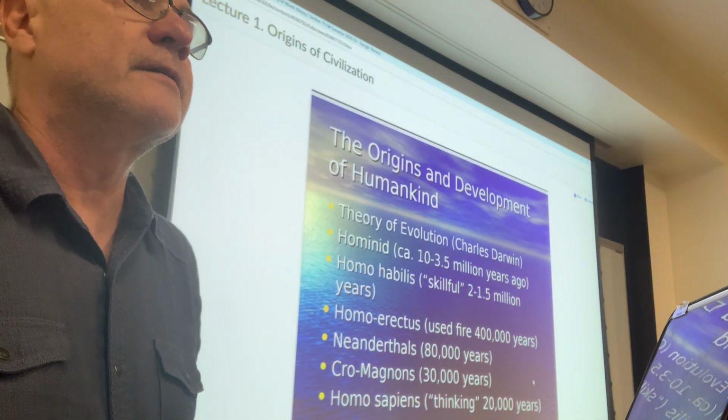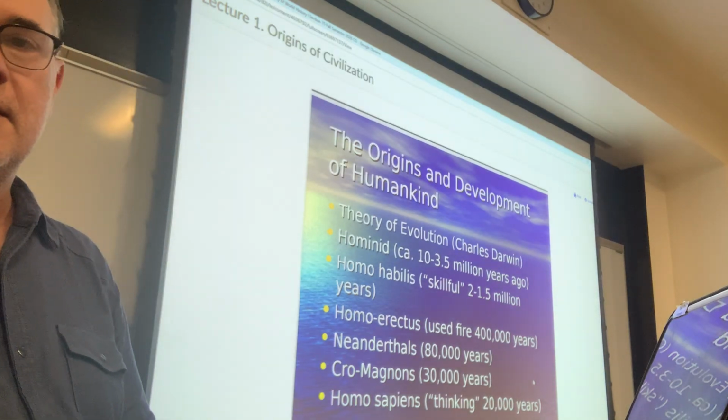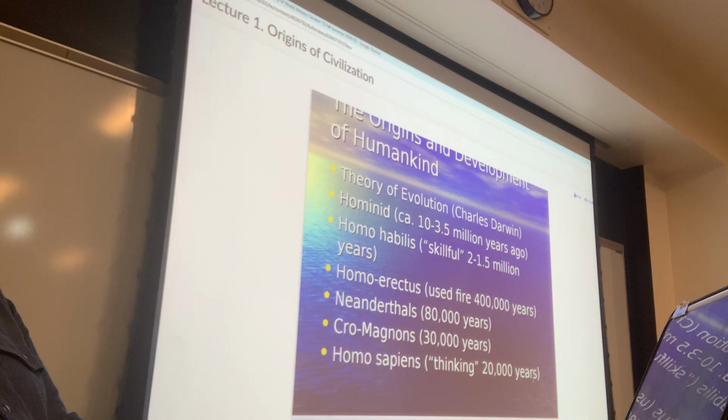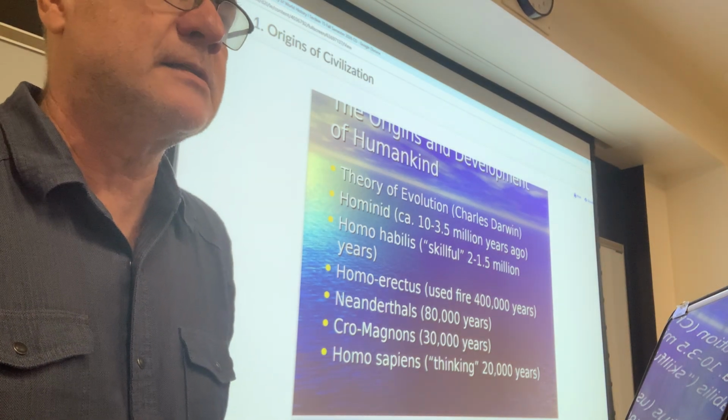Darwin formulated this theory of evolution. He lived in the mid-19th century, and this time period is known as positivism, a materialistic approach to life. He approached the evolution and origins of humankind from that materialistic perspective.